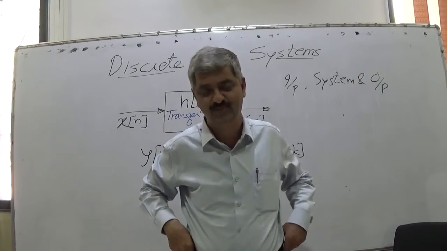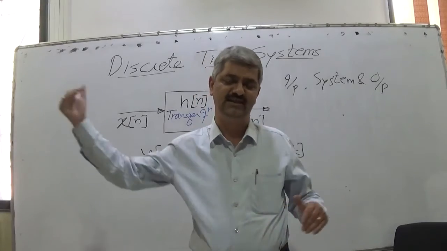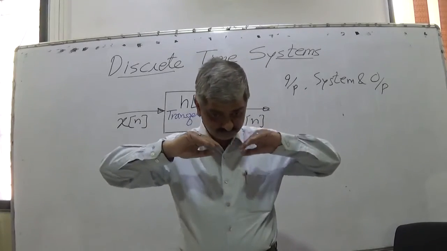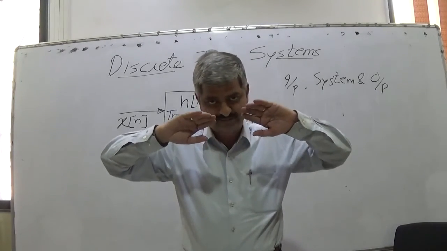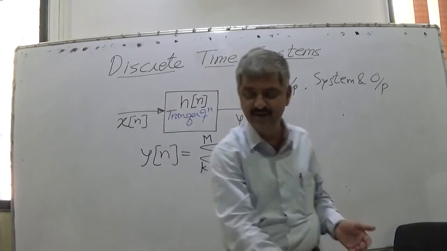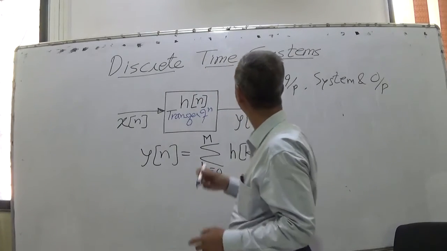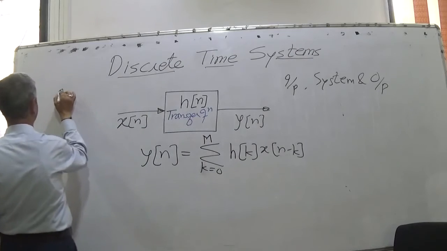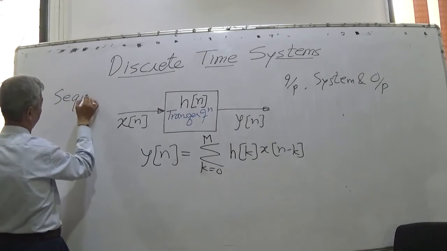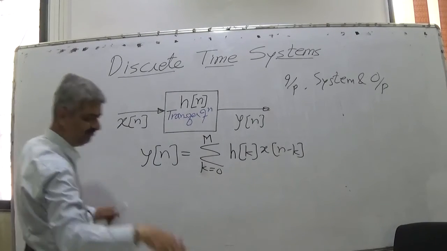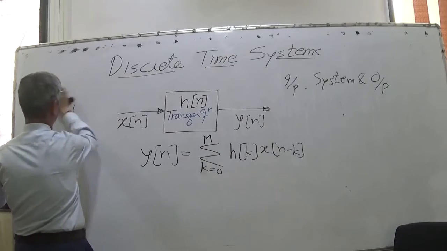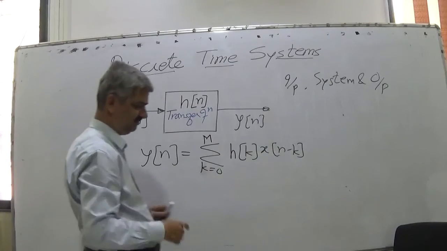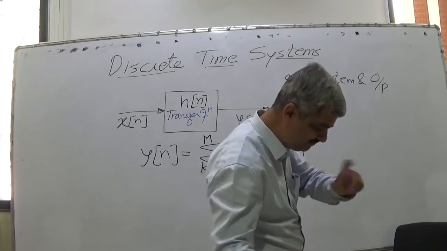What is a system? A system gets inputs. Now the subject name is signals and systems, but when we talk of discrete things, the signal becomes a sequence.